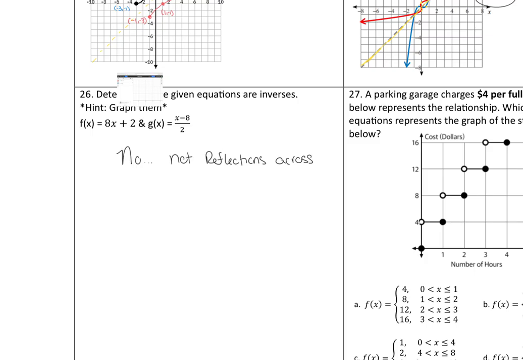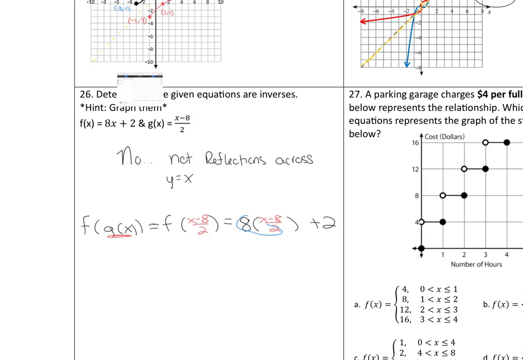I could do the f of g of x just to start with. So that means f of something. F says 8 times something plus 2. Well, the something is g, and g says x minus 8 over 2.